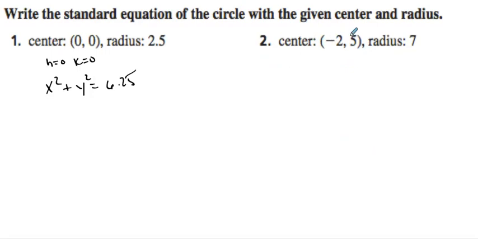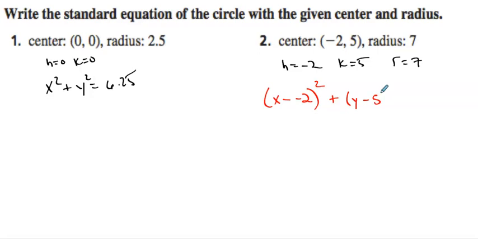Alright, so here, center, h is negative 2, k is 5, and r is 7, so be careful. So x minus, I'm going to write it out, negative 2 squared plus y minus 5 squared equals 7 squared, right?